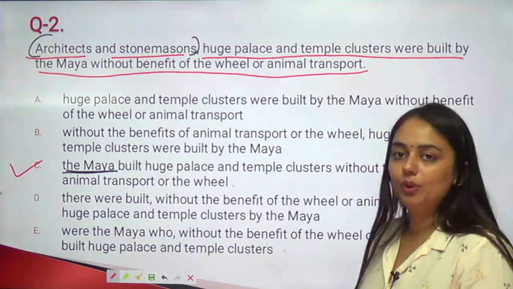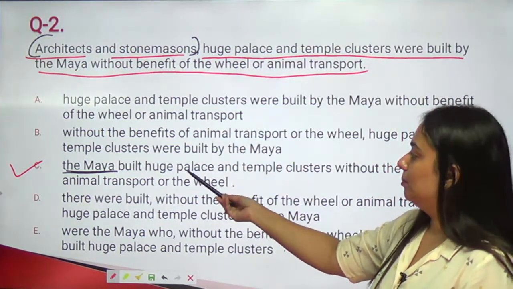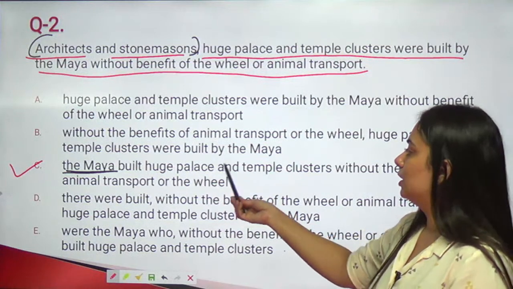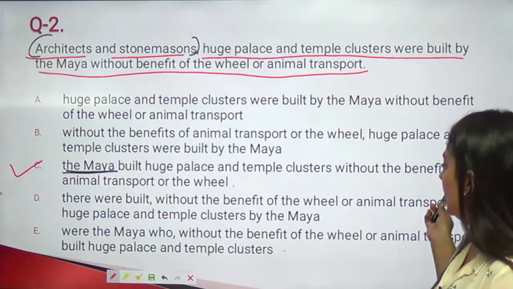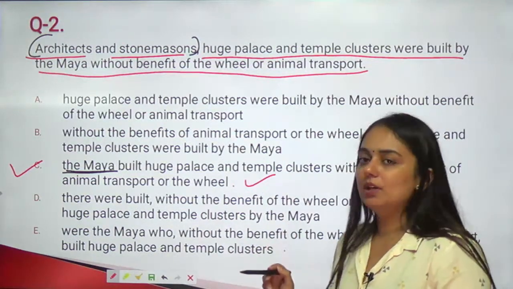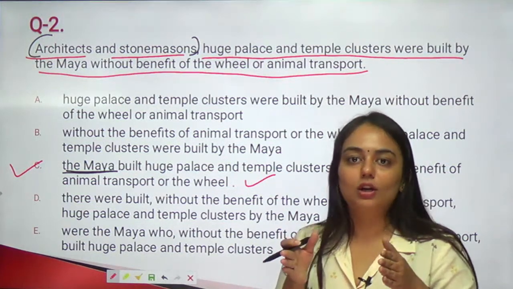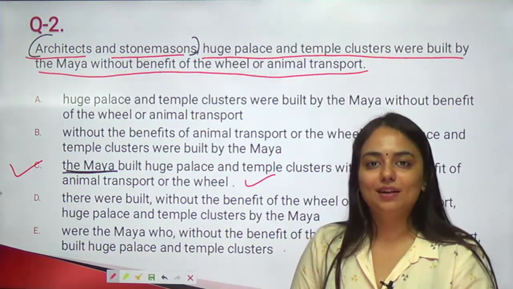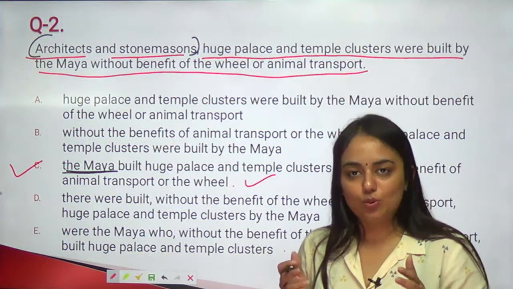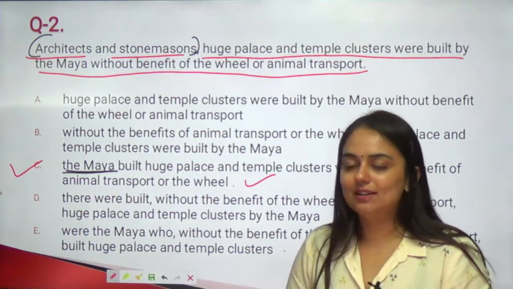So what is wrong with this one when it is conveying the same thing, that architects and stonemasons, the Maya built huge palace and temple clusters without the benefit of animal transport or wheel. So the answer that will be appropriate is the one which is shorter and conveys the same meaning without a lot of punctuation, because when you add punctuation, you're adding pauses, and that makes it difficult.